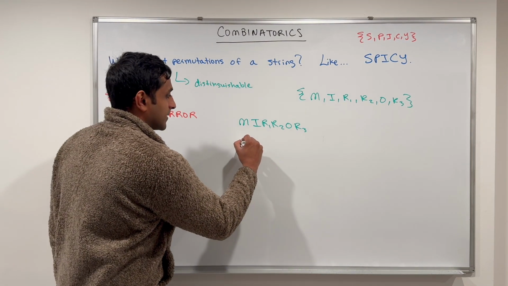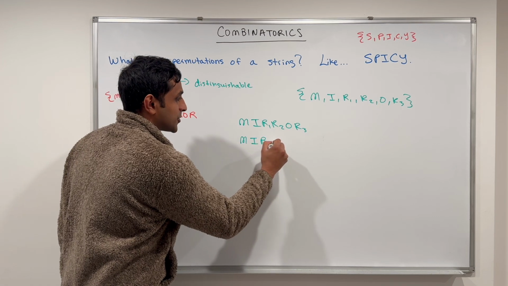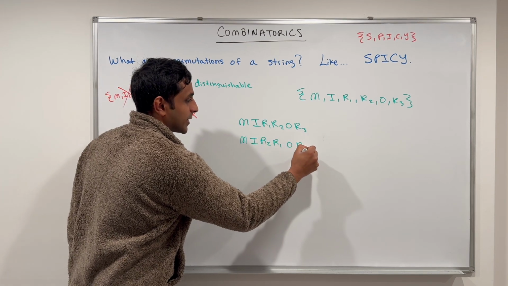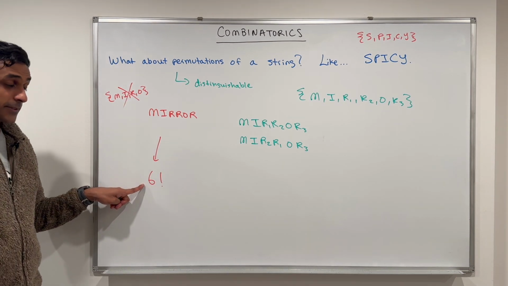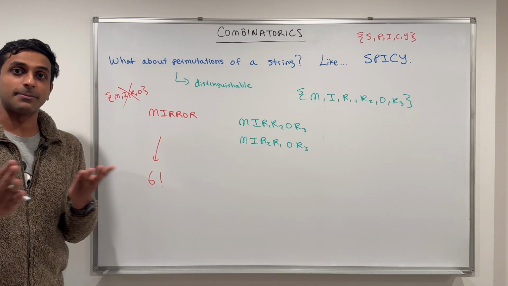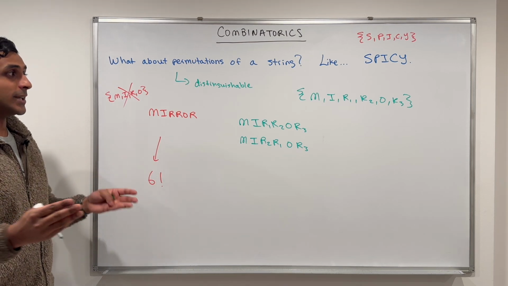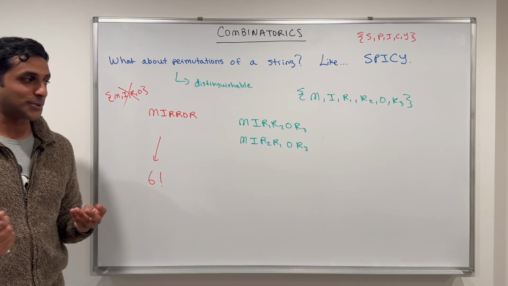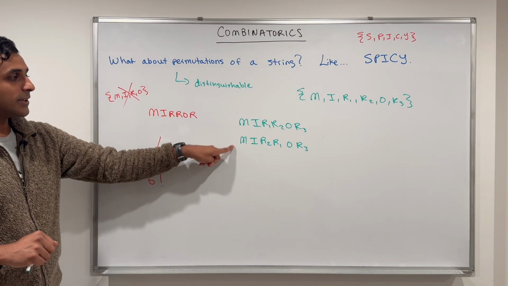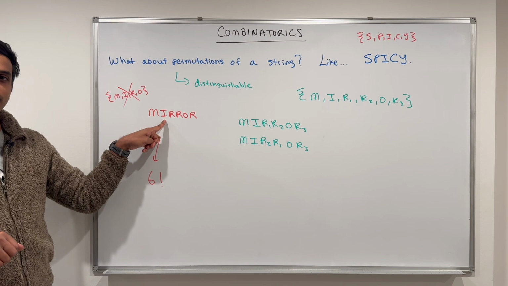And that's going to be, for example, mi, r2, r1, o, r3, right? I just switched those two r's. And those are being counted differently in this 6 factorial, but they're not fundamentally different because they're going to lead to indistinguishable results, and we're counting distinguishable permutations. So how many of these are there that all map to this?